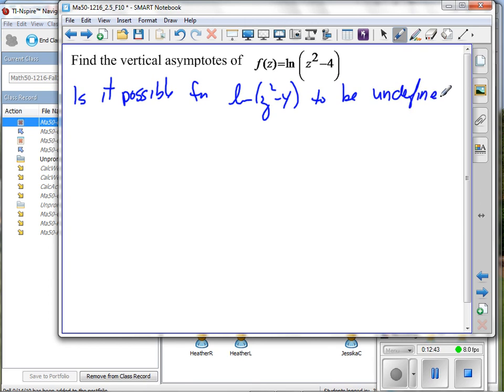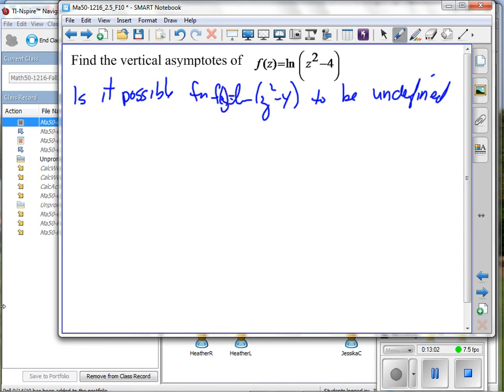You see, by making the last problem, making that denominator 0, asking the question, could it ever equal 0? We were really asking the question, could the function ever be undefined? We want to know, is it possible for this function to ever be undefined?